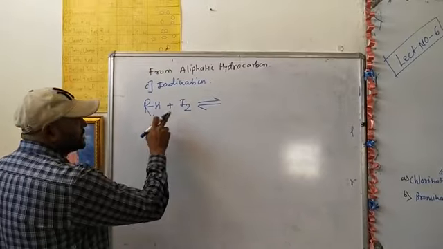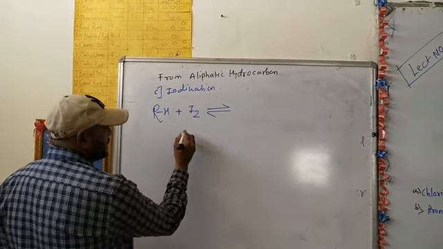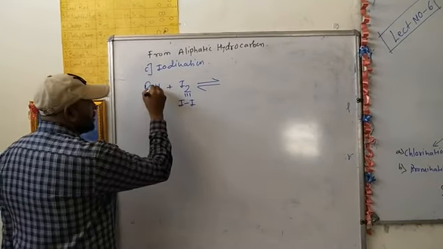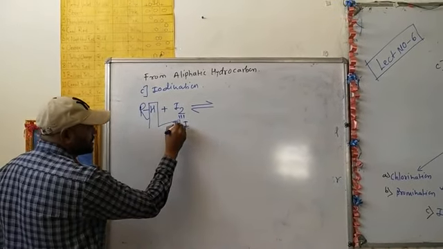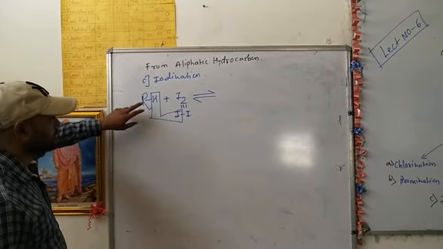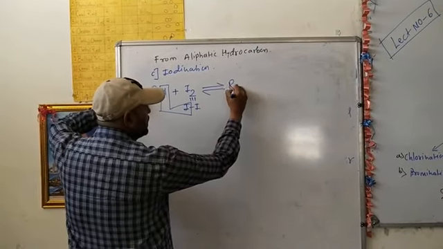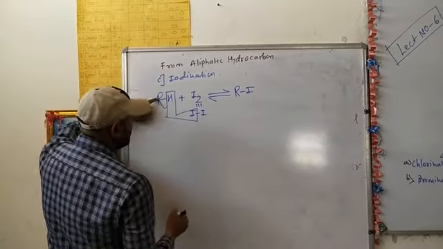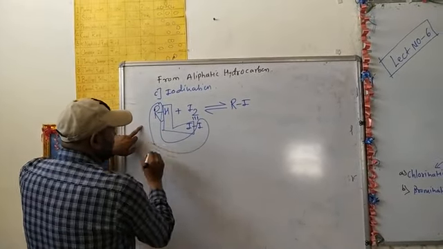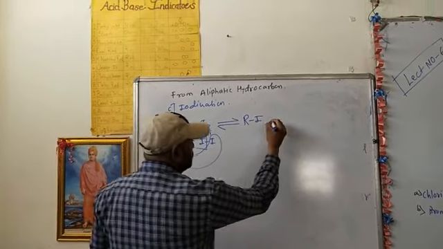But this reaction is a kind of substitution reaction, like this, I single bond I, and one of the hydrogens from the alkane is replaced by this iodine. So what is the product? R single bond I, and from this side HI is removed.